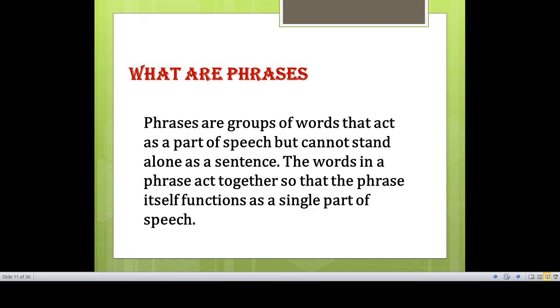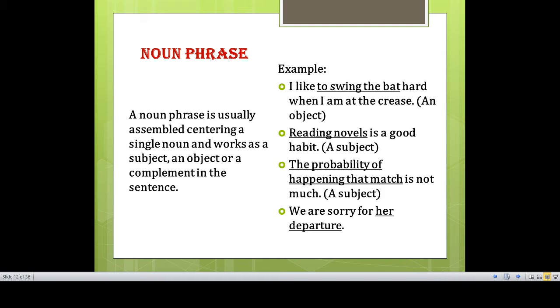It does have some meaning, but it cannot stand on its own. It has to be attached or stuck to something else so that it can stand. Such groups of words are called phrases. There are different types of phrases.